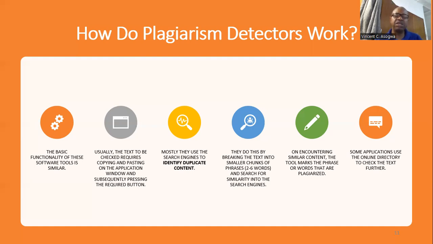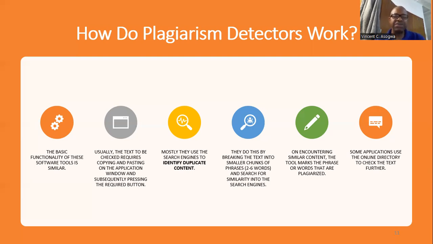But some start from 6. That's why you may use one plagiarism checker to check the similarity or uniqueness of a text, and use another one, and they give you different plagiarism percentages. This is the source of it.